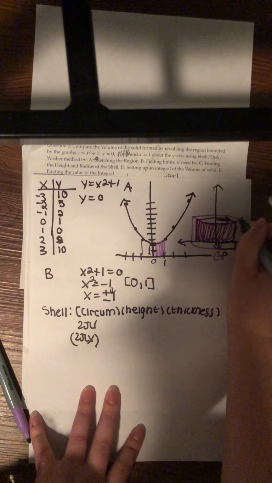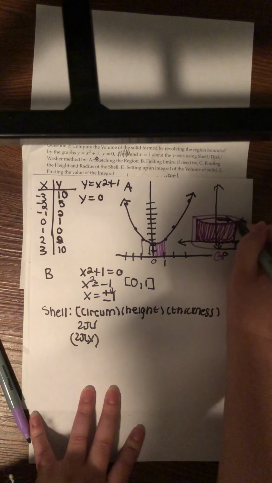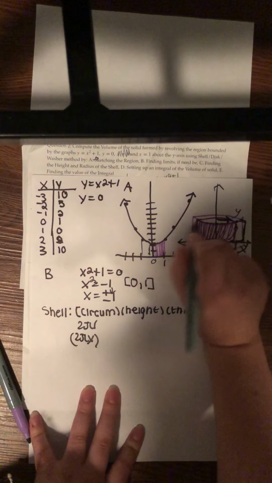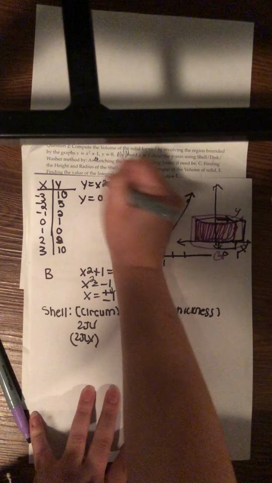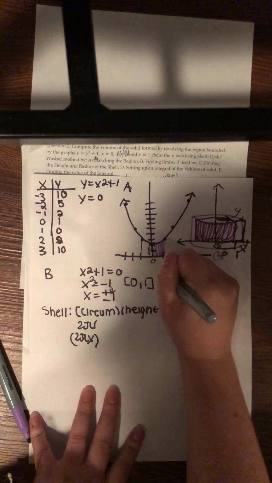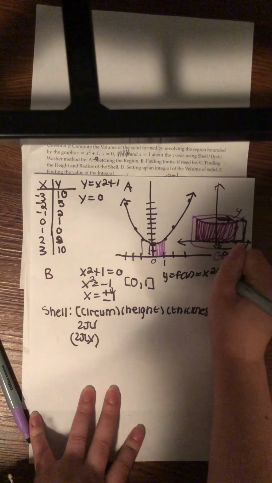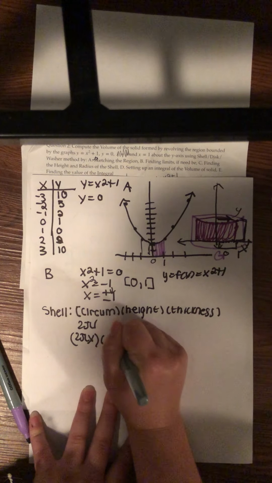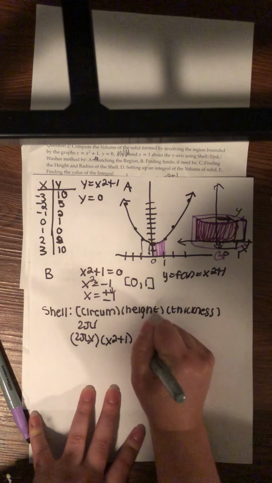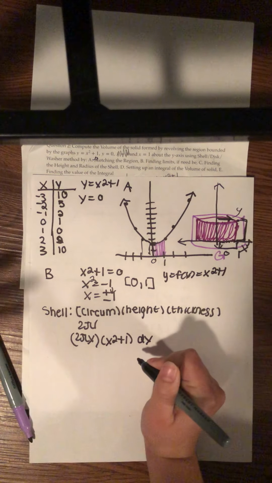And the height, this is the height right here. And what's this value? Y. So y is equal to f of x, which is equal to x squared plus 1. And so we put this in as the height, and the thickness is just dx. And now we're ready to set up the integral.